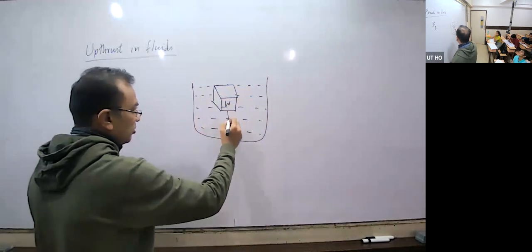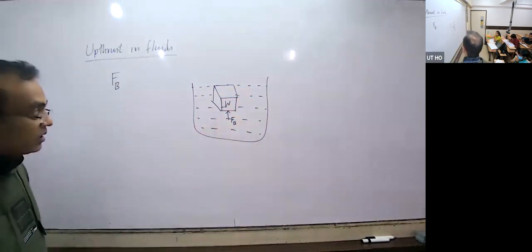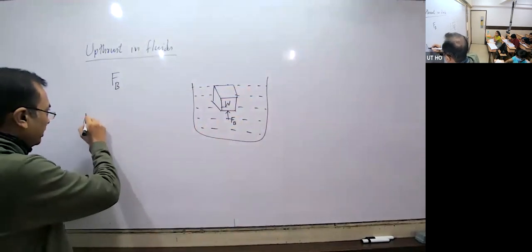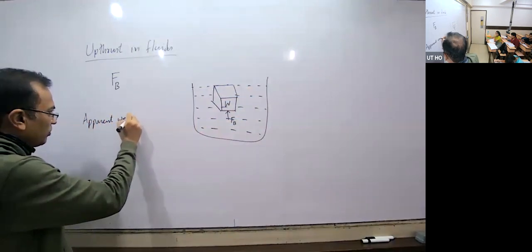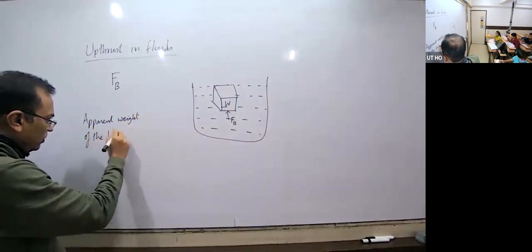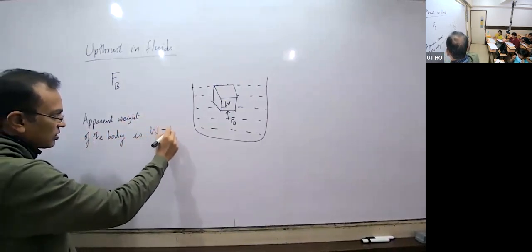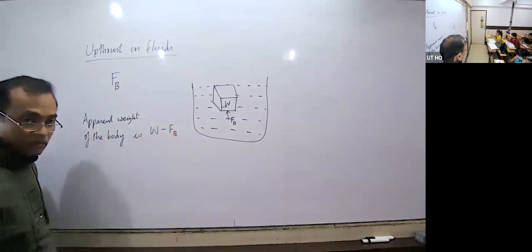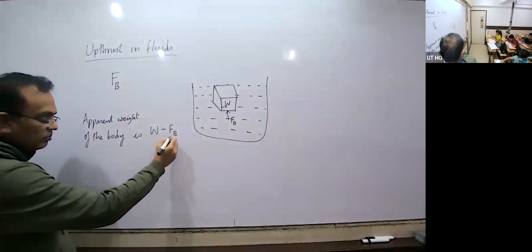It will be less. Less by how much? By the upthrust. So the apparent weight of the body is W minus F_E. Its weight reduces by upthrust.